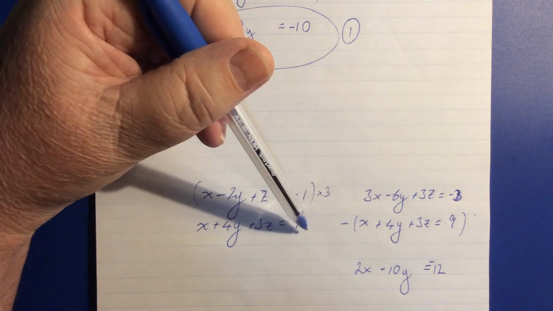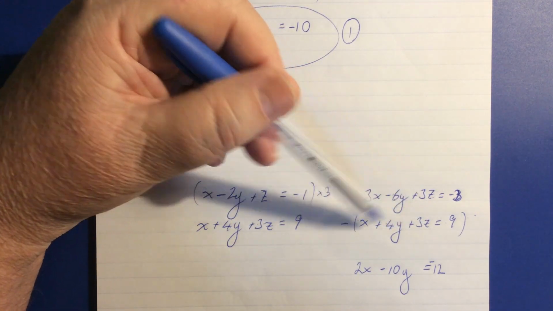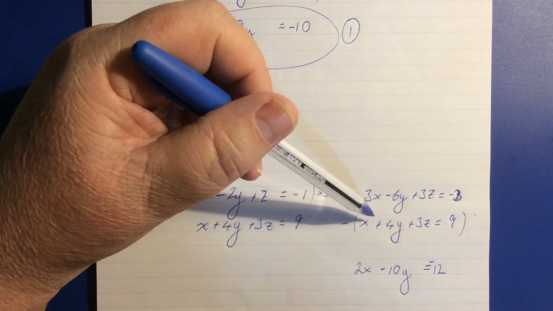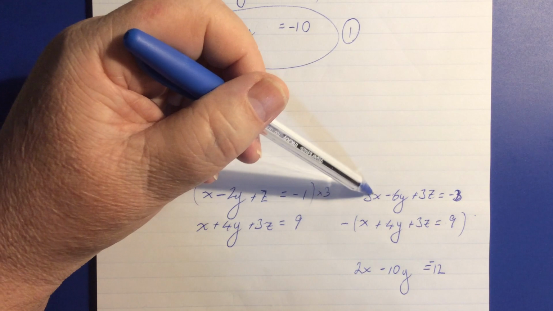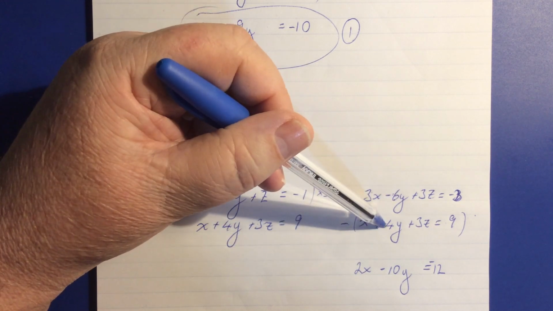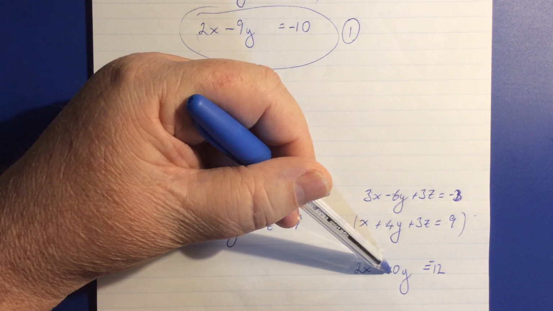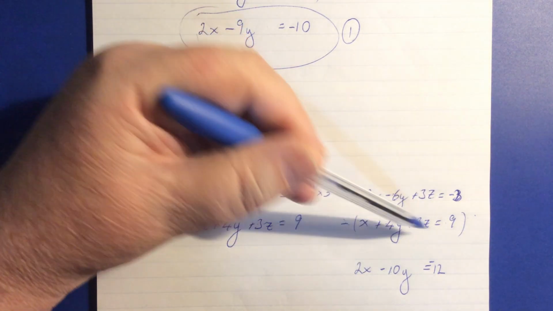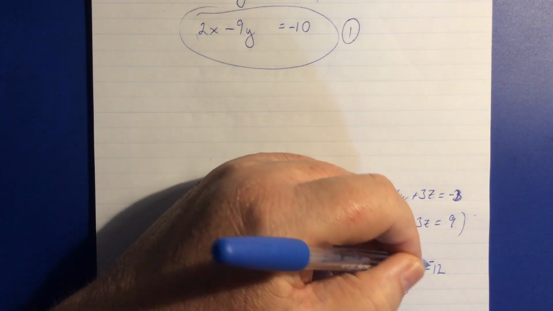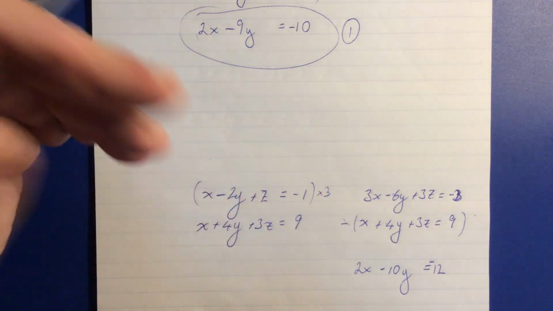This remains the same because it's got 3z in it, and I simply subtract. And what I get is 2x, 3x minus x is 2x, -6y minus 4y is -10y, and -3 minus 9 is -12.